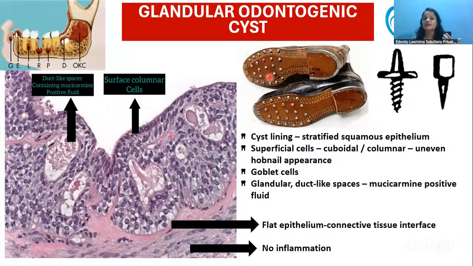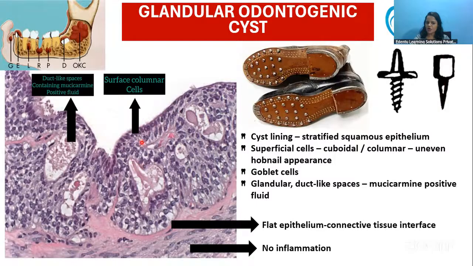Such nails are called hobnails, and these cells seen in the superficial epithelium will show a hobnail appearance like this. Hobnail appearance means the top portion will be a little bit wide, and the apical portion will usually be pointed like this. This is a typical hobnail appearance.